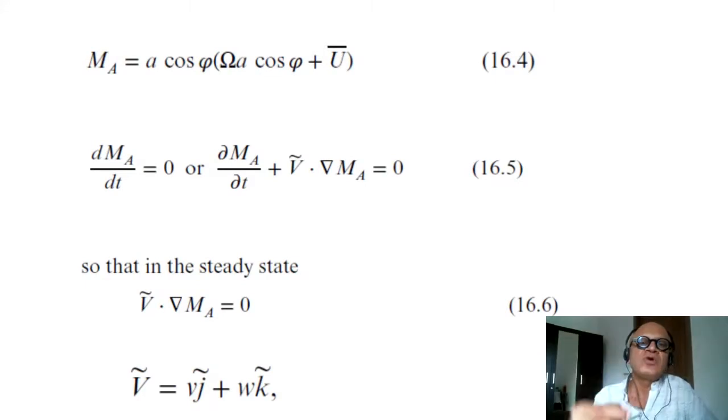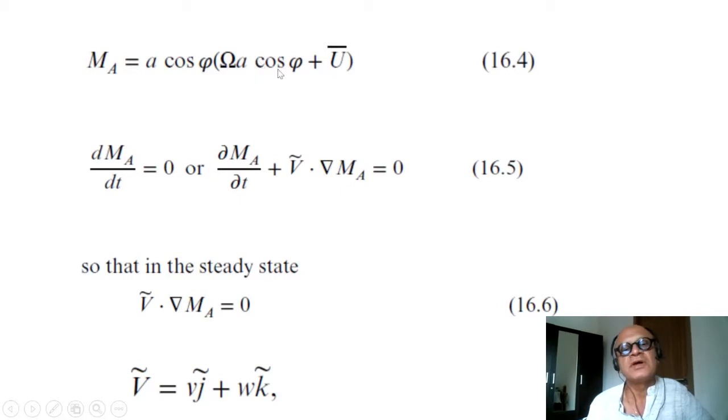Essentially here we are going to look for conservation of angular momentum, which is given by the distance from the axis of rotation, a cosine phi at any latitude phi, times the azimuthal velocity, the zonal velocity. So M_a equals (omega a cosine phi plus u bar) times a cosine phi, where u bar is the steady background basic state with the vertical shear, and this is the perturbation.